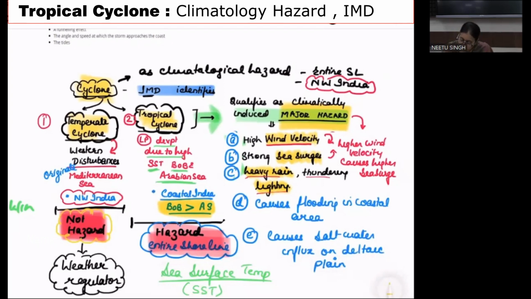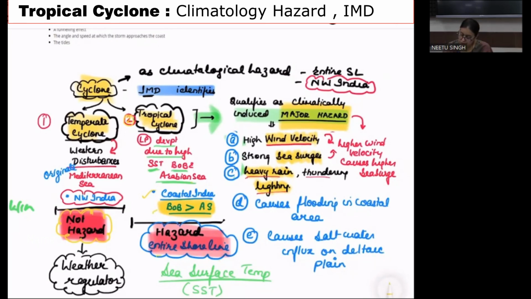The second type of cyclone that IMD identifies, which we are learning right now, is a tropical cyclone. It is low pressure developed due to high sea surface temperature in Bay of Bengal and Arabian Sea, causes precipitation in entire coastal India, Bay of Bengal being stronger than Arabian Sea, hazard with entire shoreline. ये दोनों column clear हुए हैं.